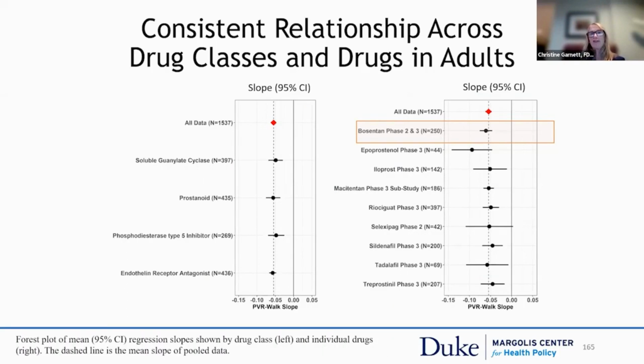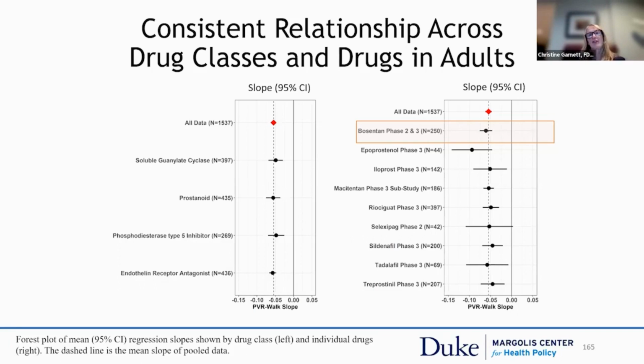The plot on the left compares the relationship between PVR and 6-minute walk distance across different drug classes. What you can see is that across all the drug classes, there's a highly overlapping relationship between the different classes, as well as overall, which is in red.